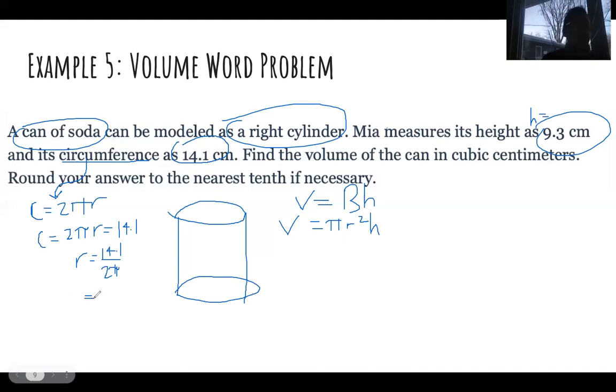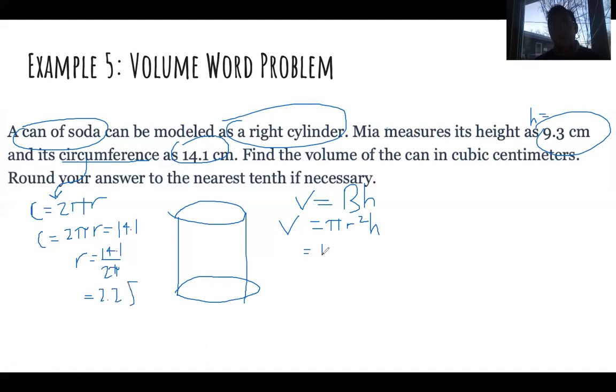And I would suggest that you just use the exact answer that Delta Math gives you. But I'm just going to use my cell phone calculator for today. And this is going to get us about 2.25 for my radius.